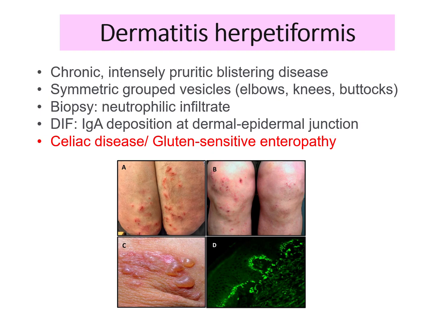This is a neutrophil mediated disease. You will see IgA deposition at the dermoepidermal junction when you do immunofluorescence. And the importance of recognizing this is that it's associated with celiac disease or gluten-sensitive enteropathy. And most often, when these patients go on a gluten-free diet, this could really control their skin lesions very well.